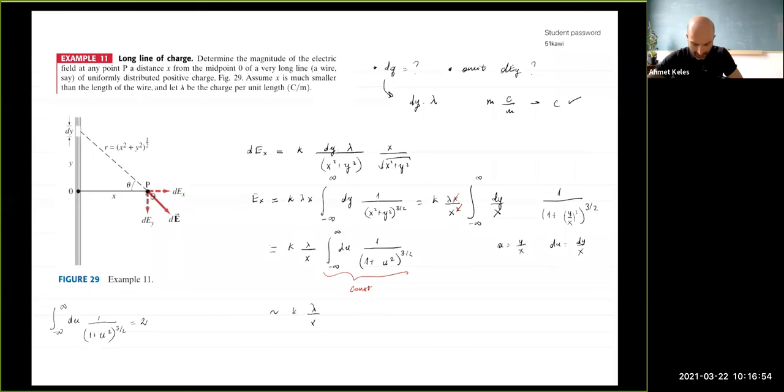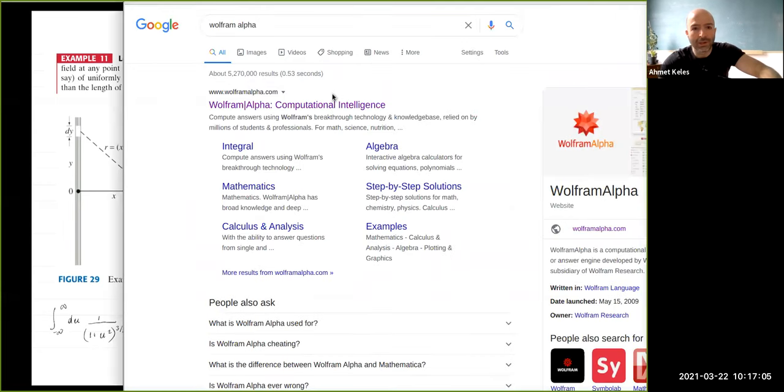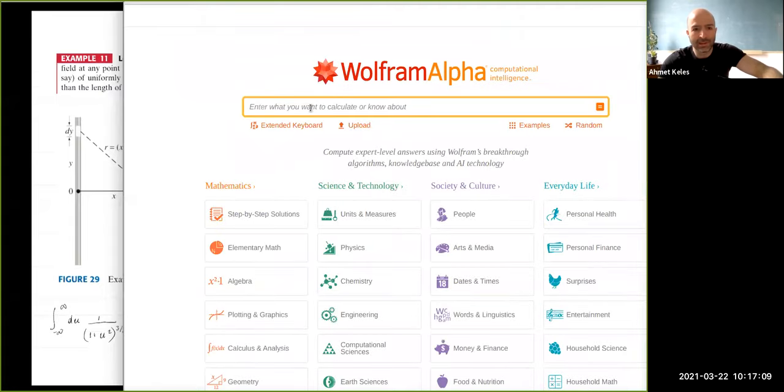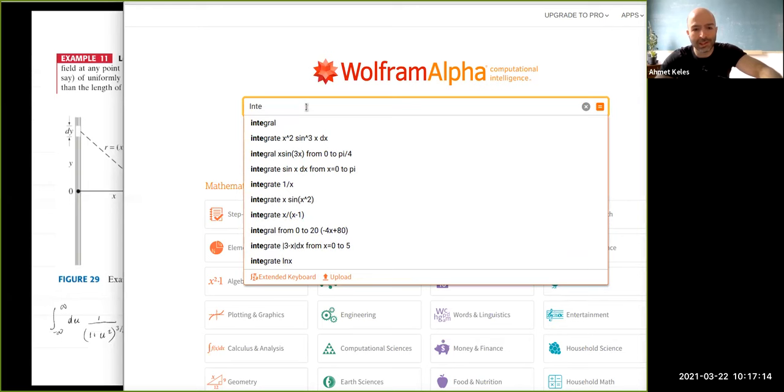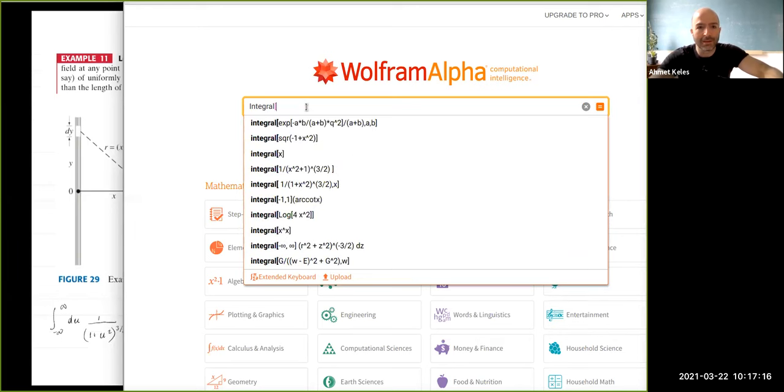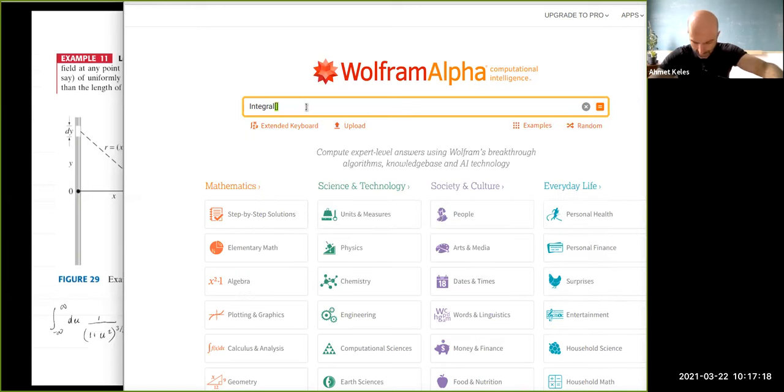Now, if you are desperate, you can go to Wolfram Alpha, because I don't want to deal with integrals. I'm not here to do the integrals. You can go to your calculus class. But let's do something like that, right? 1 over, let's see if Wolfram Alpha will help us.